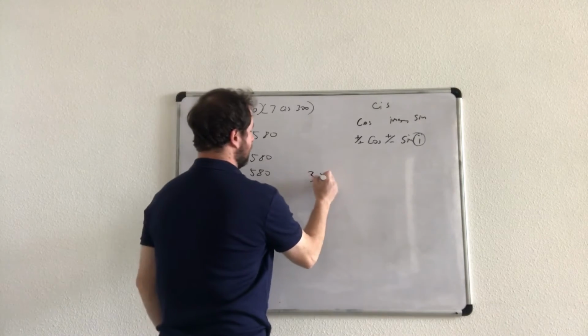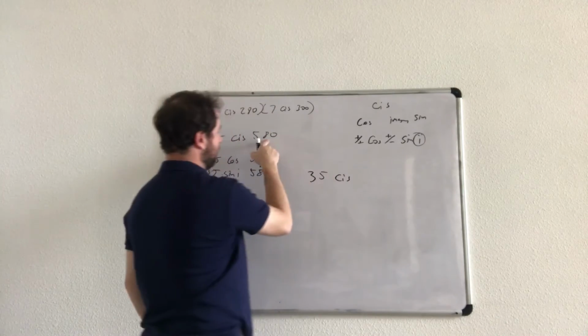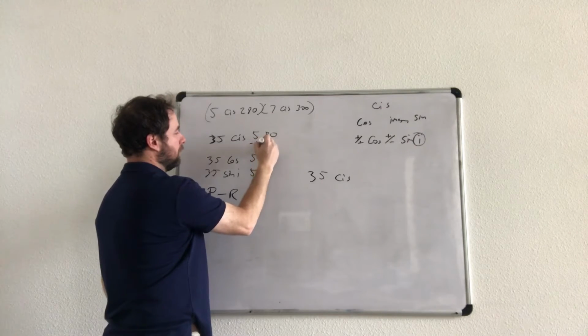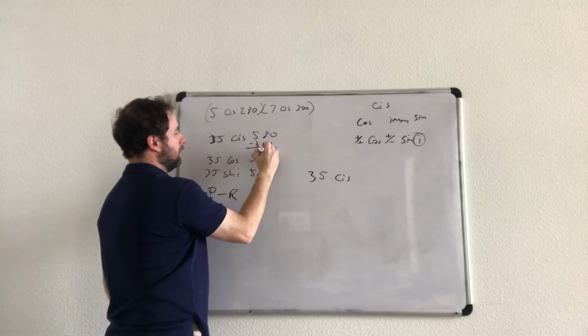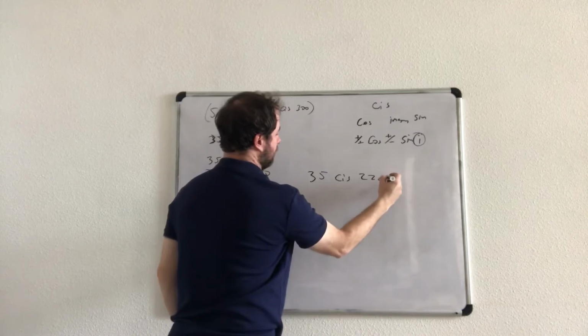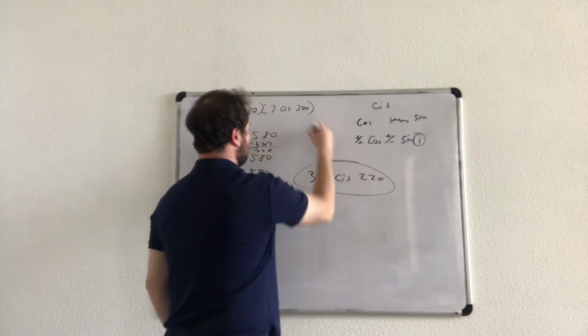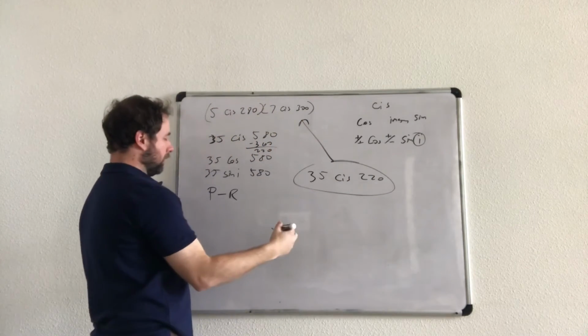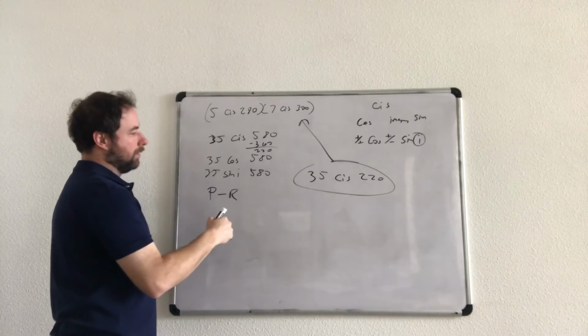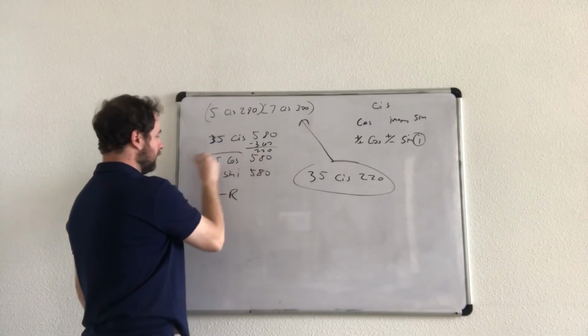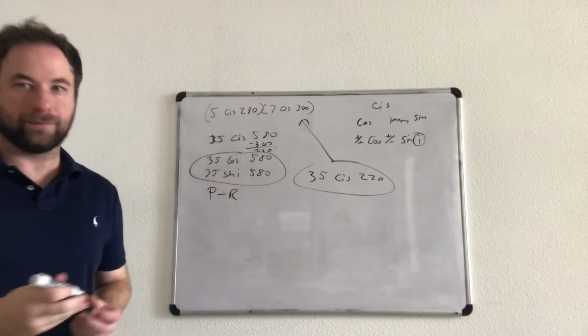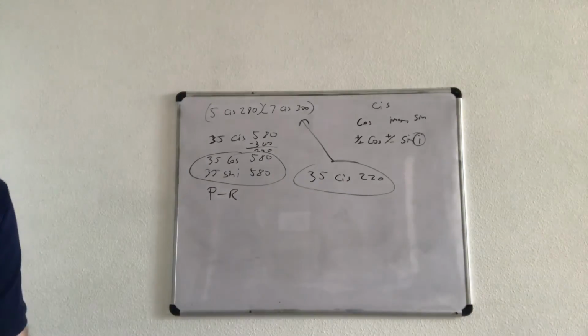So our answer will be 35 CIS, and whatever 580 minus 360 is, it'll end up being 220. So this is the polar form of that multiplication. But if you wanted to go to rectangular, you would go in your calculator and you would do these two right here. In fact, we'll do one of those next.